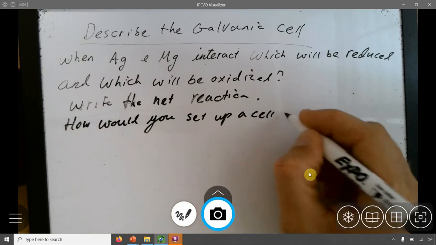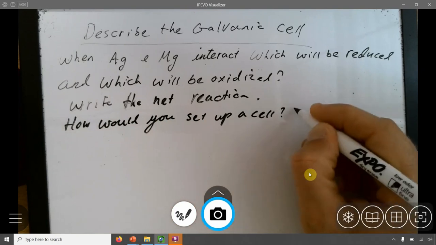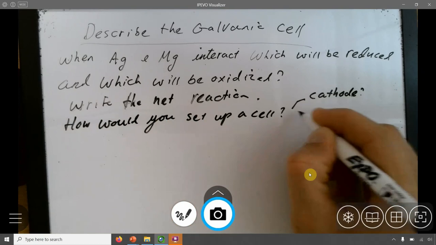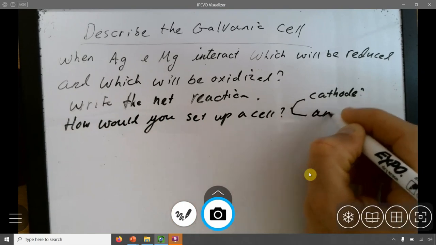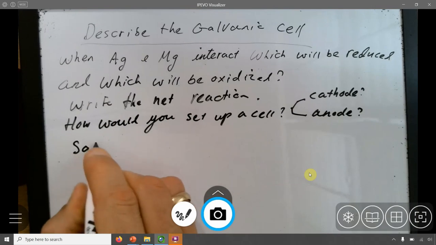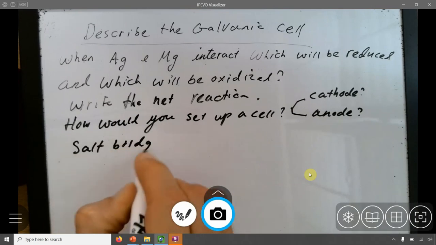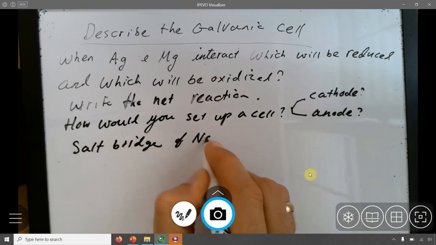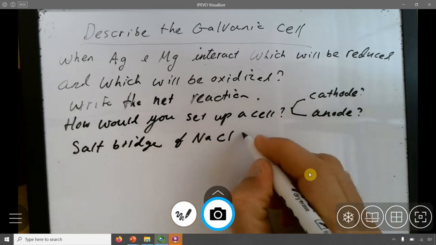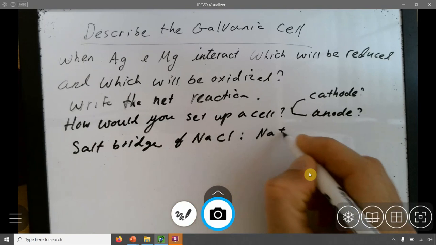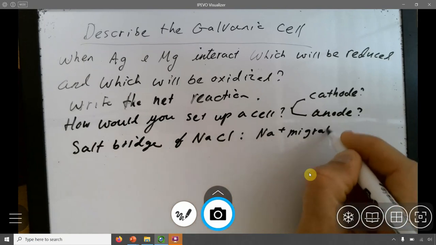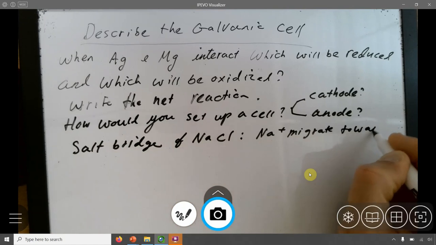Basically, I want to know which one is the cathode. Identify the cathode, identify the anode. And if I have a salt bridge of NaCl, what I want to know is, Na migrates towards where? Towards which electrode?